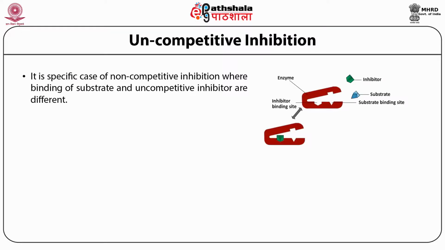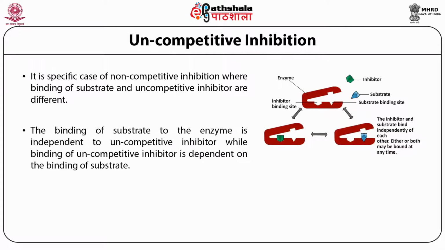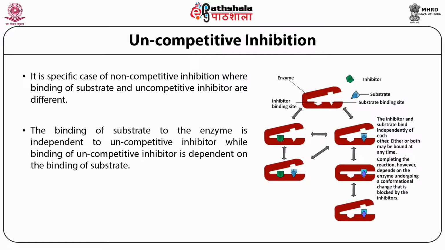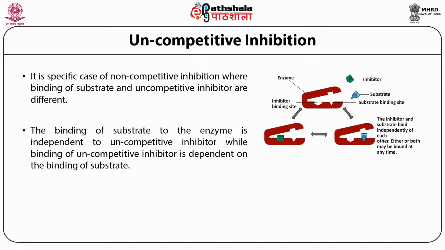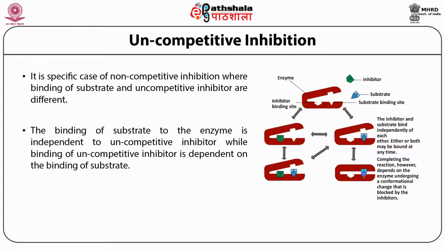Therefore, you can say that the binding of the uncompetitive inhibitor and substrate are dependent on each other, but the dependency is one-sided. For example, the uncompetitive inhibitor will only bind when substrate is there on the active site, but the substrate will bind even when we don't have the uncompetitive inhibitor at the active site.